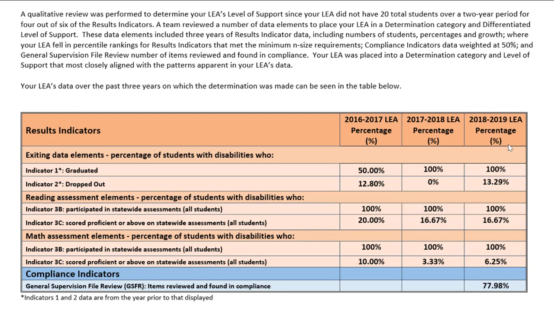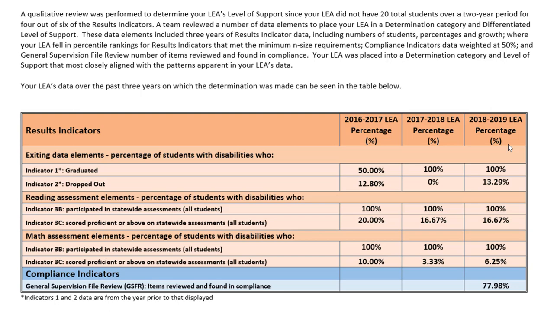So these criteria included looking at 3 years worth of results indicator data, but the numbers of students in each of those indicators were taken into account, as were the percentages and growth that was seen. Another element that was taken into account was where your LEA fell in a percentile ranking for the results indicators that did meet the minimum N size requirements.